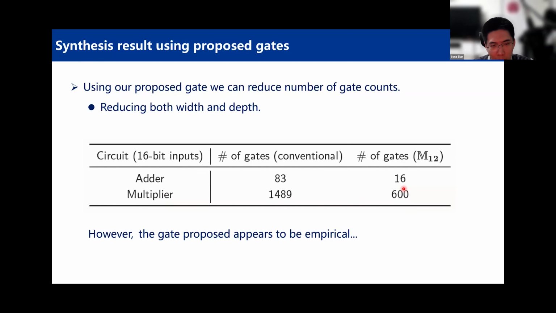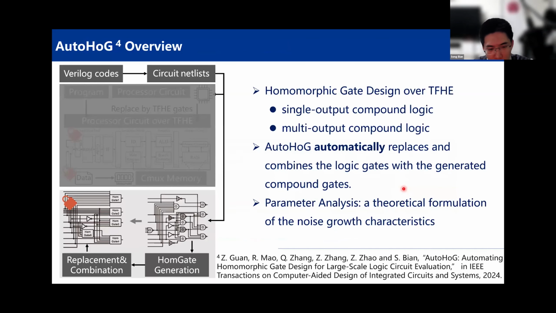So that was the main motivation for our second work, which was published this year in a journal in the field of circuit design. And people were getting interested in how to apply design automation techniques to FHE circuit design. So that was basically our second work.